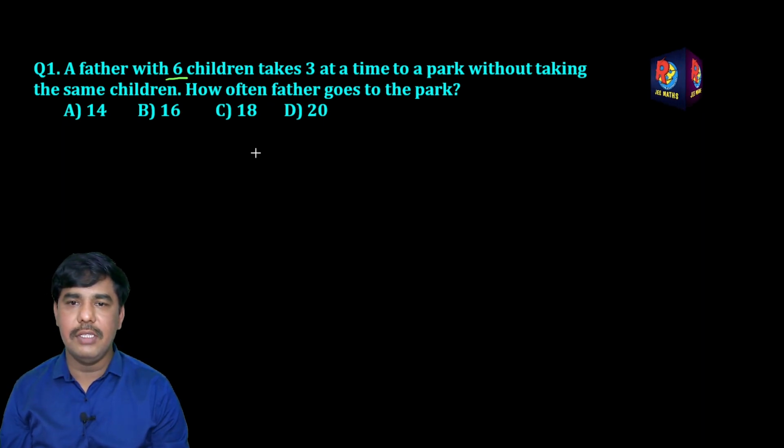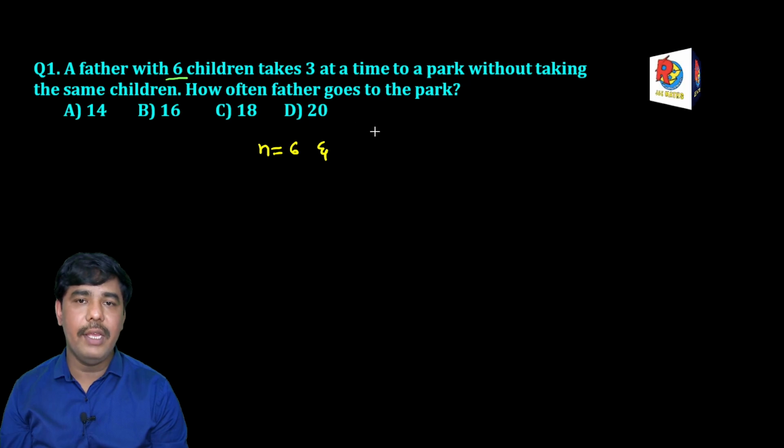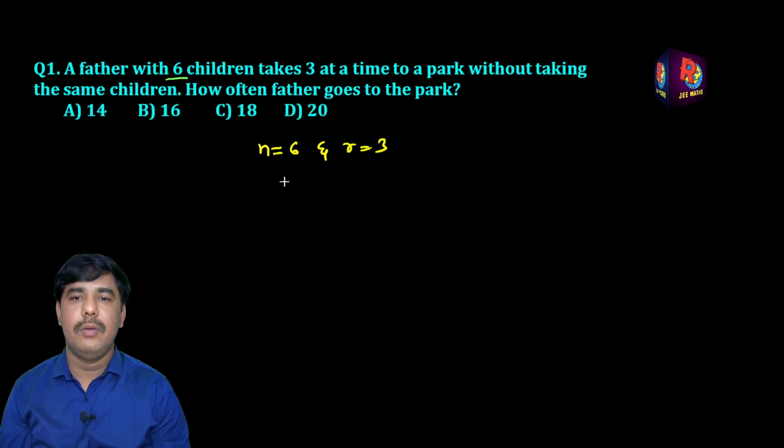Observe this. How many children are there? 6 children. And how many need to be taken at a time? 3. So out of 6 you need to select 3 only.